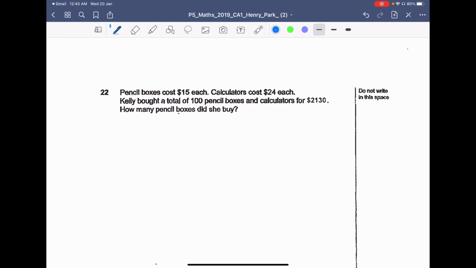So you notice that pencil boxes are $9 cheaper than calculators, which is basically 24 minus 15.